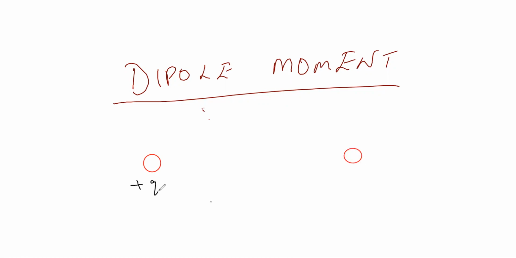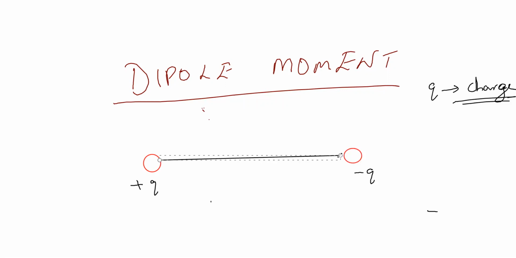I drew two circles, plus Q and minus Q. What does Q represent? We all studied in class 10, electricity, charge. Correct? Then I'm just drawing a line. So what is meant by dipole moment?